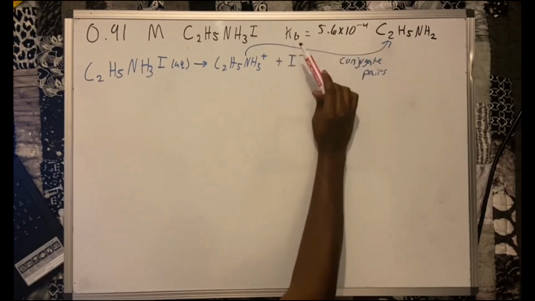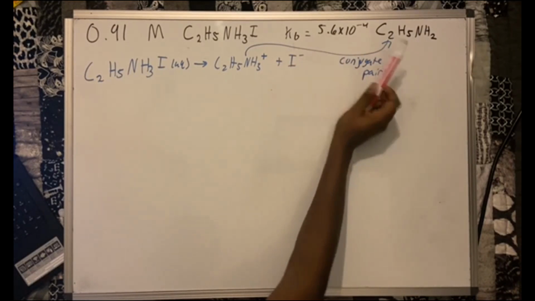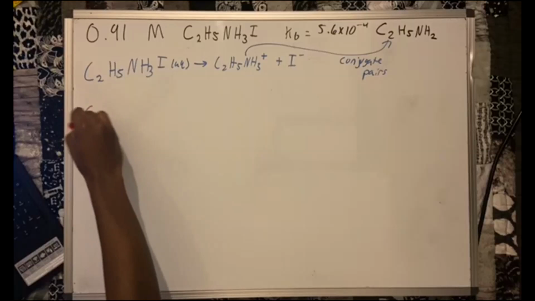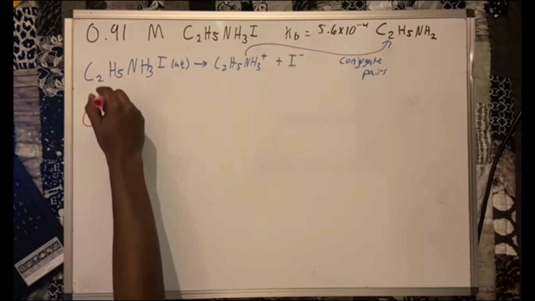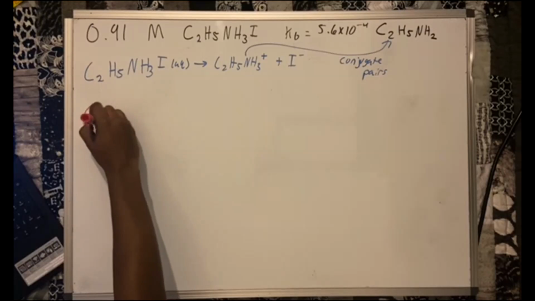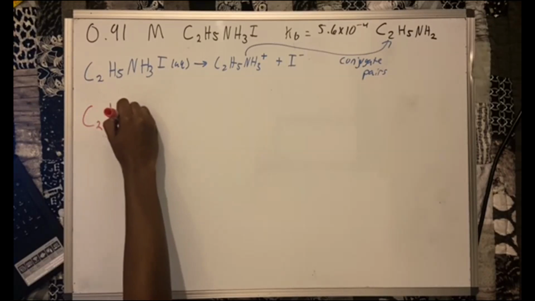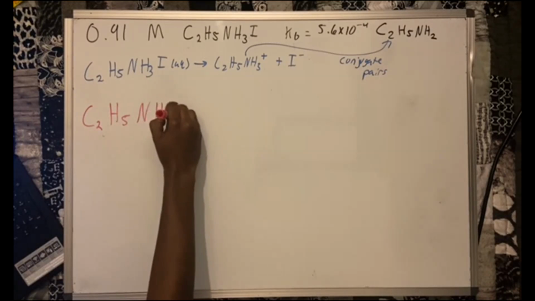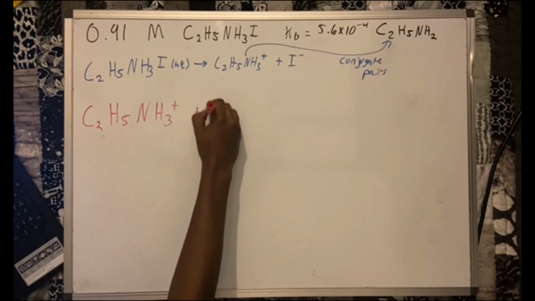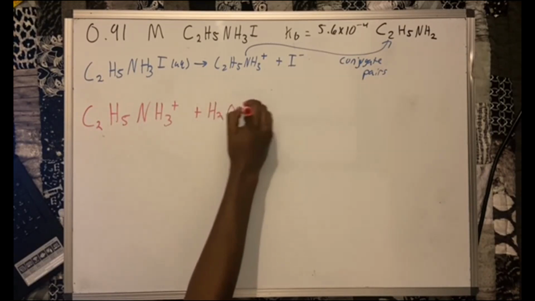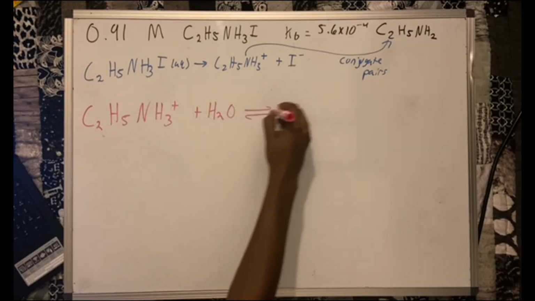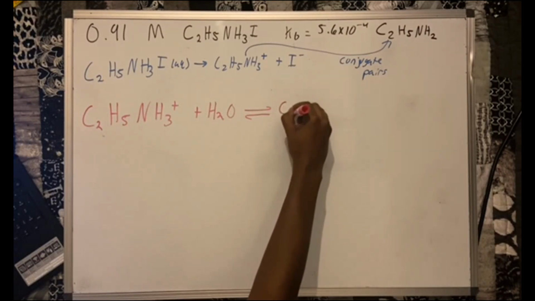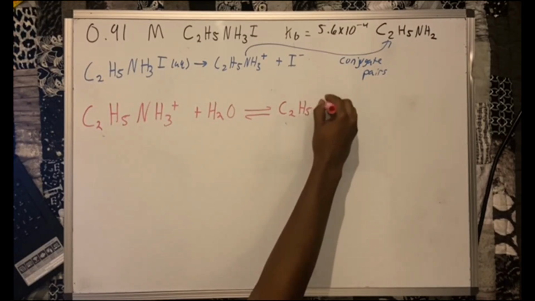You could also look, this one has an extra H plus, so that's why this one's an acid. Maybe that's how you think. I always like to look at KB or Ka because that tells me directly. So C2H5NH3 plus with my H2O, it's an acid, so I'm going to get my C2H5NH2.